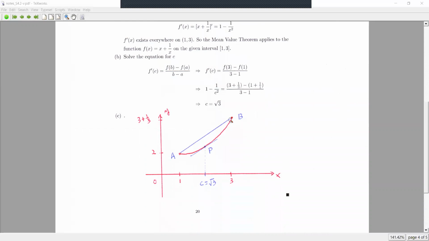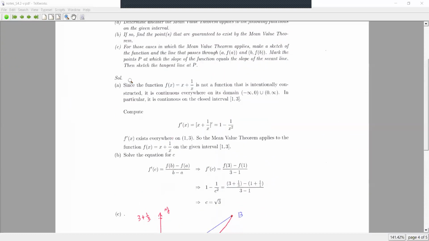The blue line is the line that joins the two endpoints. Then mark the point P at which the slope of the tangent line to the graph of the function equals the slope of the secant line.